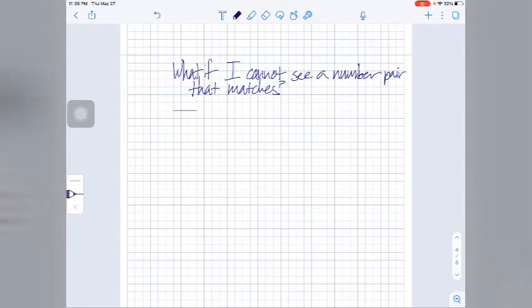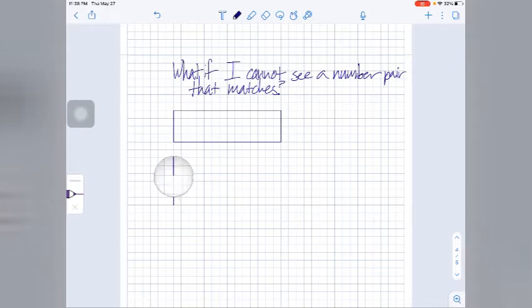So 1, 2, 3, 4, 5, 6, 7. I'm going to make the same tables again, but we're going to show slightly different data on the tables so that we can talk about this.